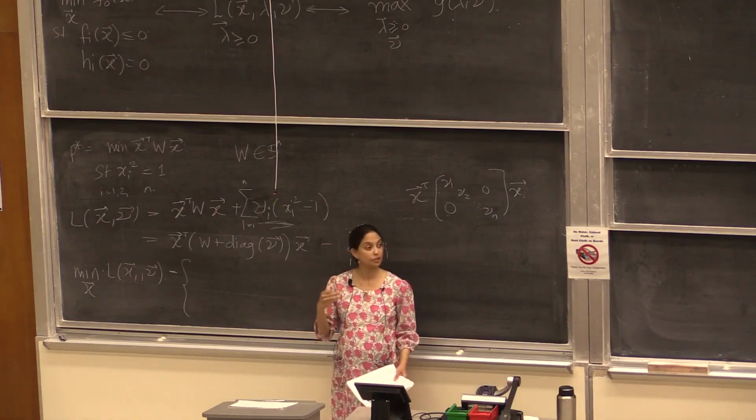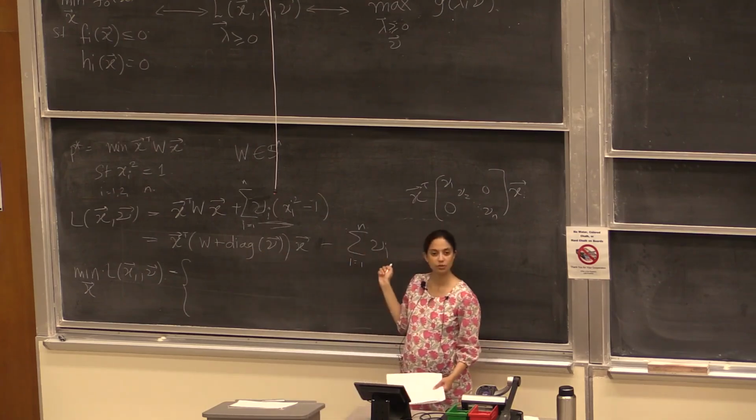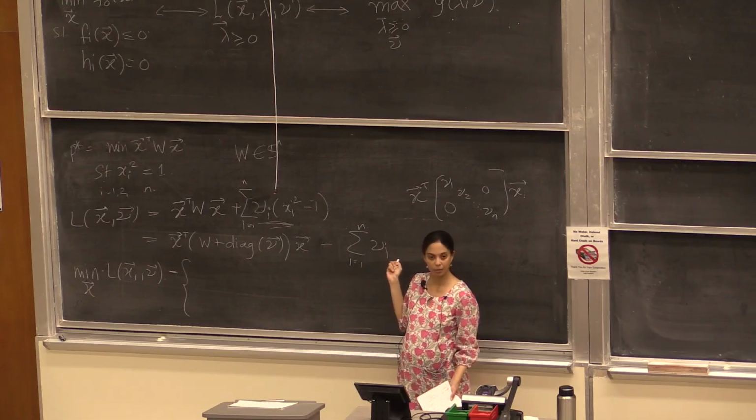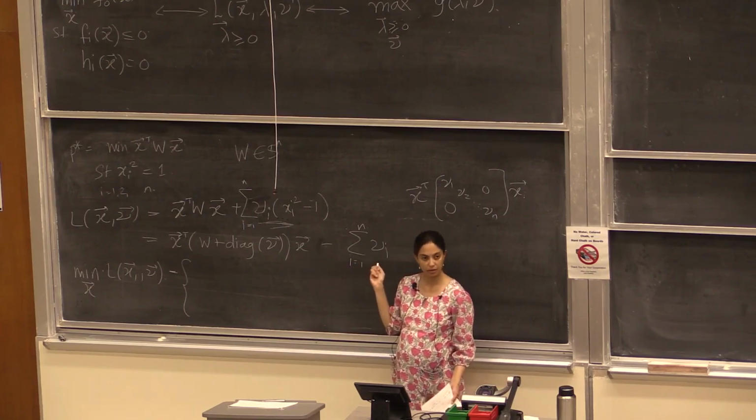So when I'm minimizing over x, I can always choose x to be in the direction of that eigenvector. And then if I have a minus infinity here, does it matter what these terms are? No, right? No matter what they are, they're still finite. And so I'm going to get a minus infinity, right?